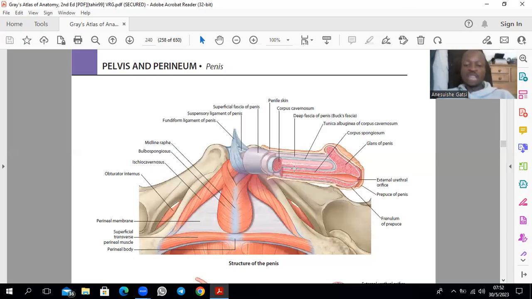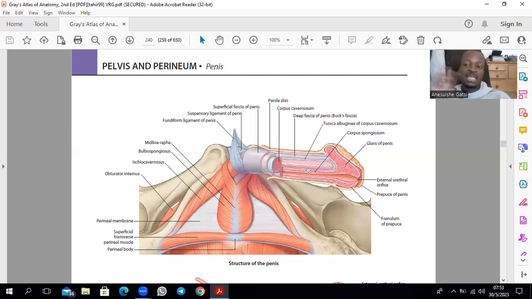And the part of the urethra that we have in the penile is the penile urethra rather, which is lined by pseudostratified columnar and stratified columnar epithelium. Within the urogenital diaphragm, we have the membranous urethra, which is also lined by the same epithelium as aforementioned, which is stratified and pseudostratified columnar.